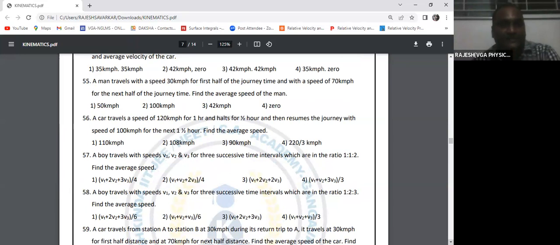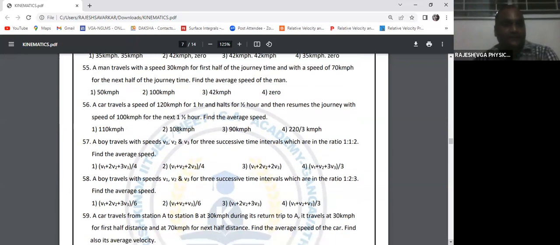A car travels at a speed of 120 km per hour for 1 hour and halts for half an hour and then resumes the journey with a speed of 100 km per hour for the next 1.5 hours. Find the average speed. First, we have to find the distance. So, first distance is V1T1, 120 into 1, 120 km. Second, halts means it stops, so the distance is 0.